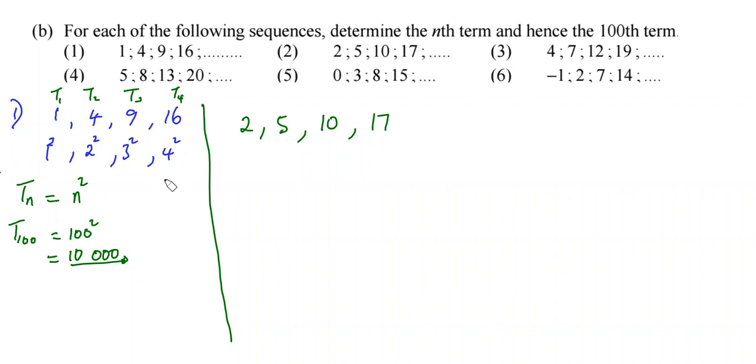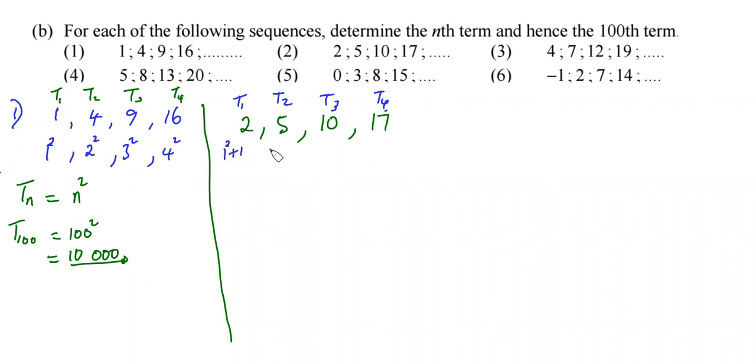How can you get this one here? Okay, what if we say the first term is 1? So let's have our T1, T2, T3, T4 labelled. If we say 1 squared plus 1, we get 2.